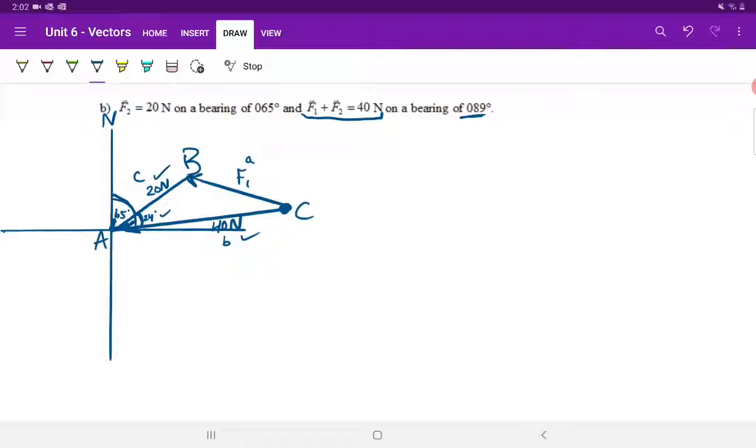And to find our angle here, our direction, the direction here that I need to find for F1 starts on the north line and goes to here. That's the direction that I need when describing my F1 vector. Okay, so what's the game plan here in order to get that?